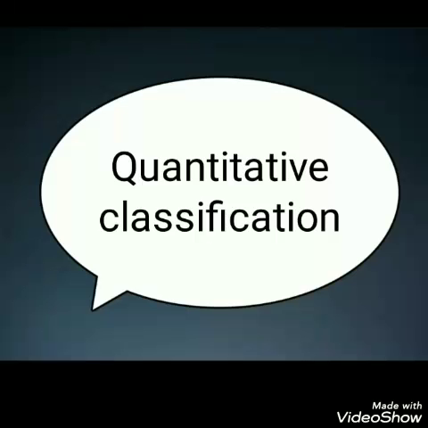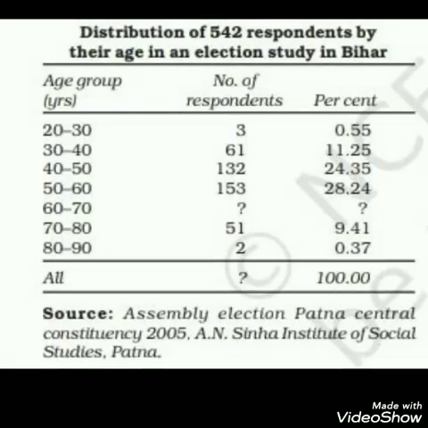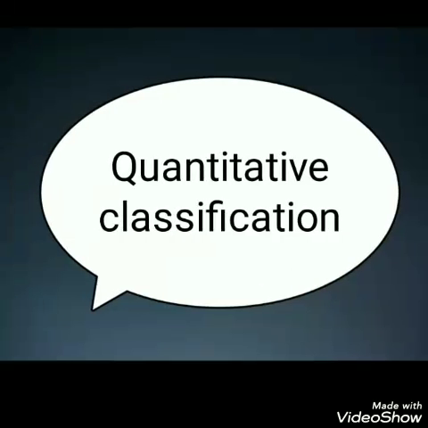These characteristics can be measured quantitatively, for example age, height, production, income, etc. These things we can measure in terms of numbers, in terms of quantity. So classes are formed by assigning class limits. In the previous chapter we already learned how to make class limits, for the value of the characteristic under consideration.